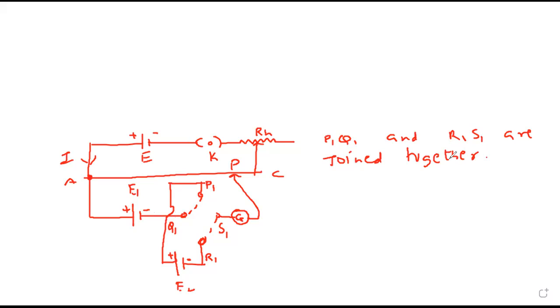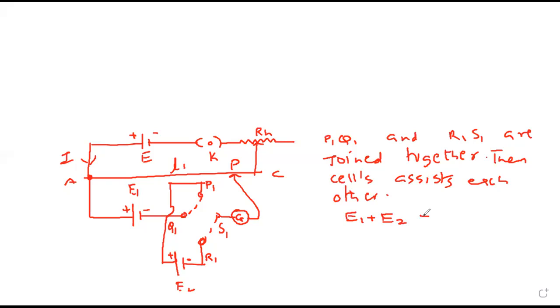So minus is getting connected to plus, that means cells assist each other. So now by sliding the jockey, if null point is obtained, then total voltage E1 plus E2 is getting balanced on length L1. E1 plus E2 equals K L1.